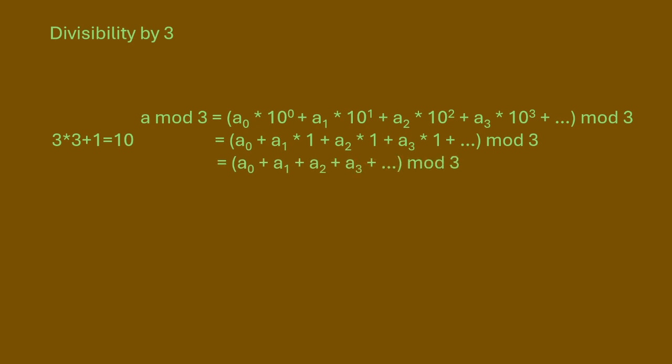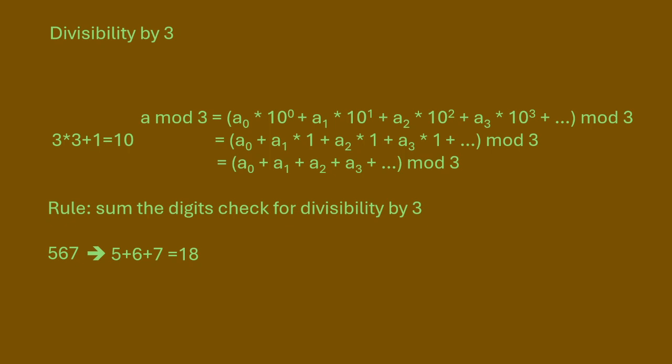We then simplify, giving us the sum of our digits. So for our rule for 3, we check the digit sum for divisibility by 3. For example, 567. 5 plus 6 plus 7 equals 18, which happens to be divisible by 3. Thus, 567 is divisible by 3.